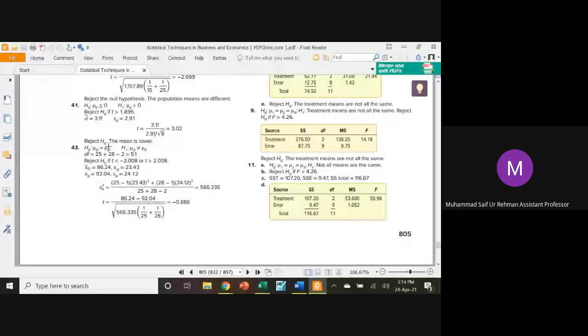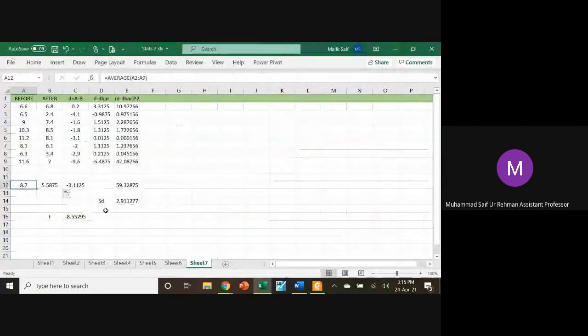This is the question. You can see 1.895 is the critical value. 2.91 we have just calculated. D bar is 3.11. We have calculated this.